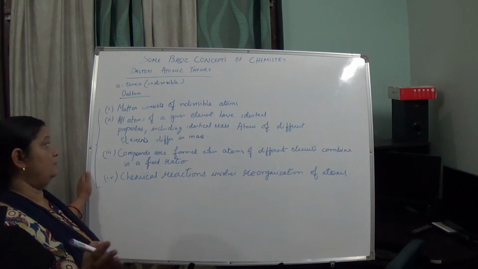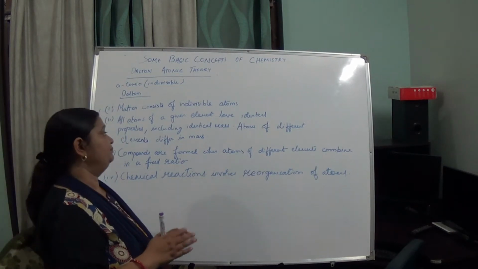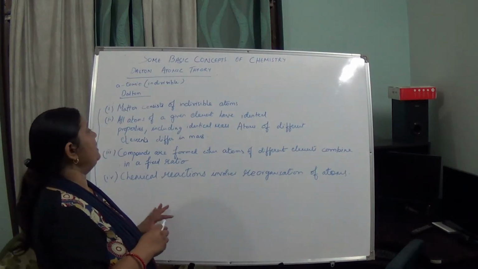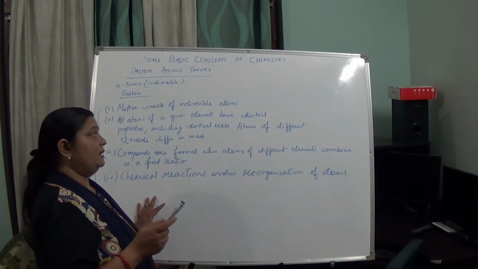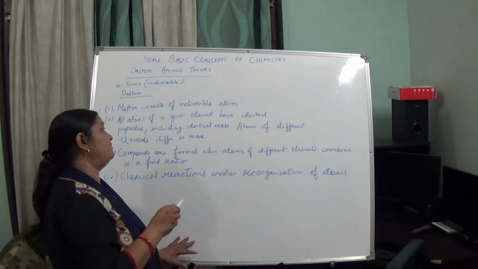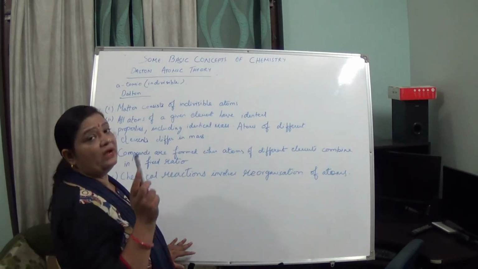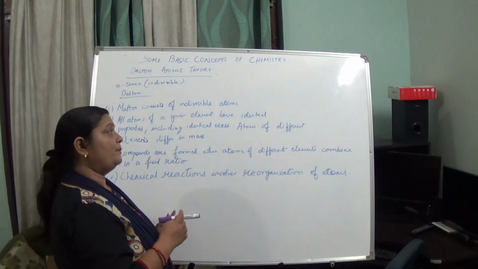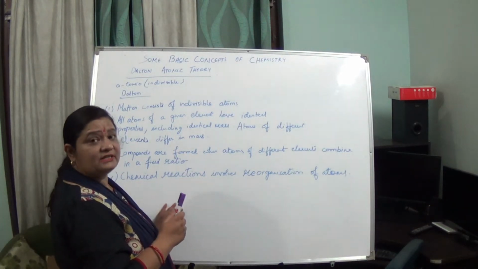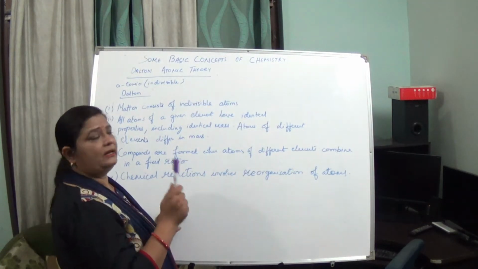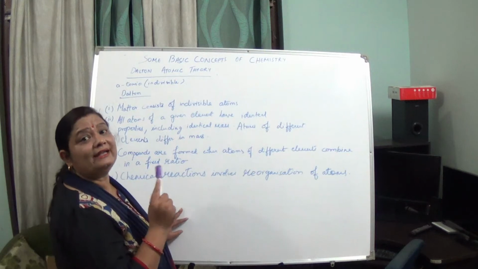Today we all know why elements have the same properties, and why different elements have different properties: because of the constituents of the atom, isn't it? But at that time he said this, but he was unable to explain it.